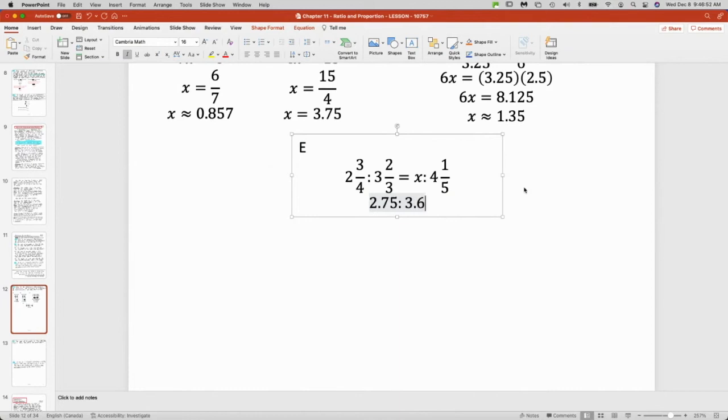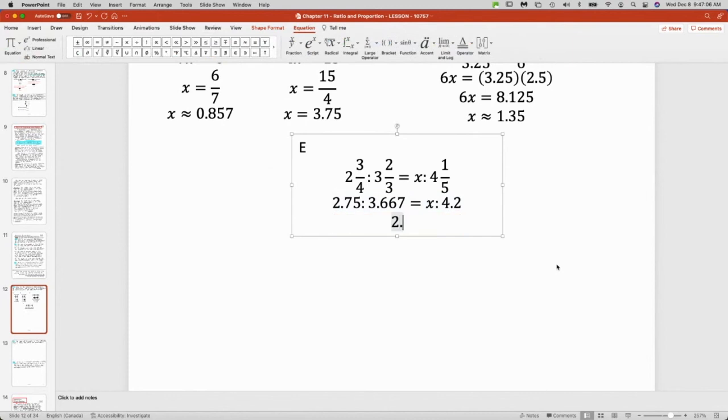Now this 6 goes on forever. You could write that to mean it goes on forever. 3.66666 forever. Or just put 667. It's fine. And then x is to 4.2. So that's 2.75 per 3.667. And then x over 4.2.